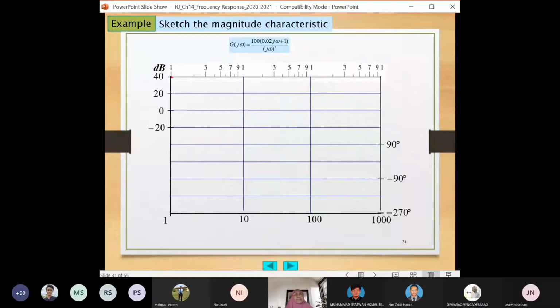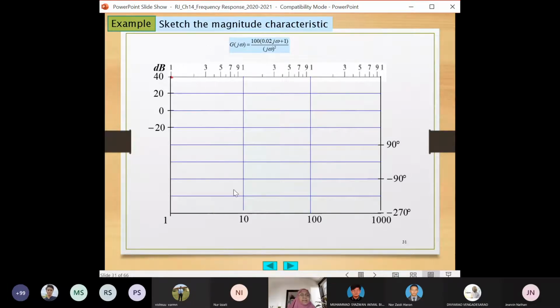So for example, sketch the magnitude characteristics of this transfer function G(j omega) equals 100 times (0.02 j omega plus 1) divided by (j omega) squared. So you are given the transfer function G(j omega) and you sketch it in terms of its Bode plot. Bode plots consist of two parts, the magnitude plot and the phase plot.